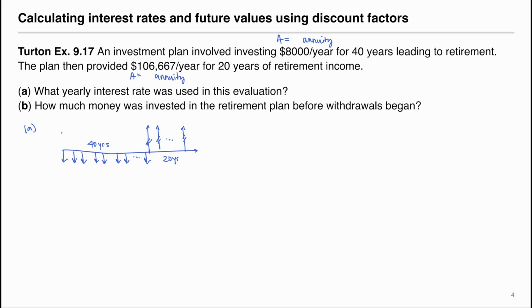Okay. And the key point is that at the point where you have retired, the value of all the initial investments is equal to the value of the future payments you will get at the point of retirement.